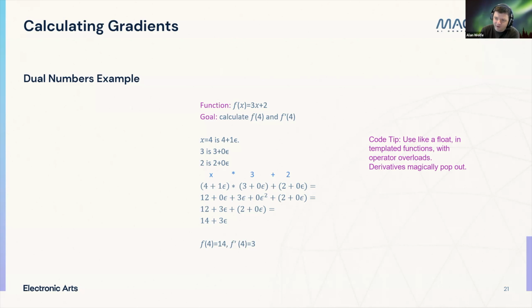Then you just pass in your dual number x value, or whatever your parameters may be, and it'll run the function as normal. But when you're done, you'll have both the values you wanted as well as the derivatives, which is pretty cool. It's a nice way to use dual numbers.